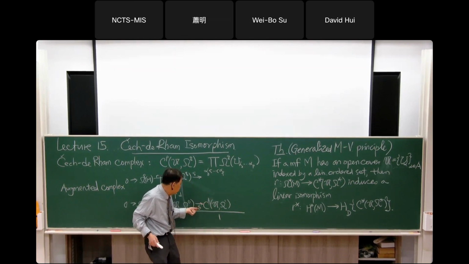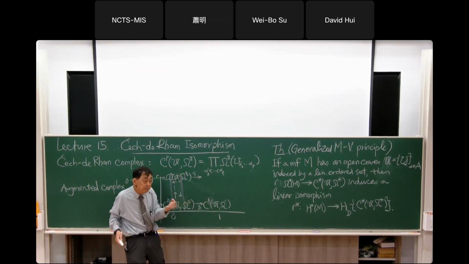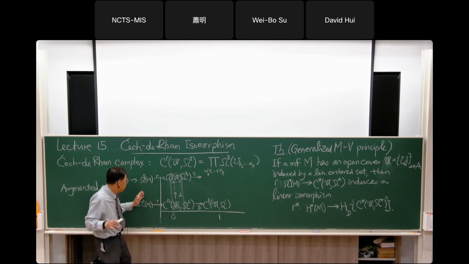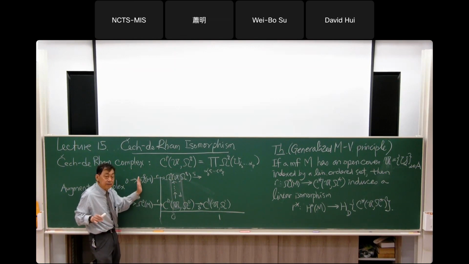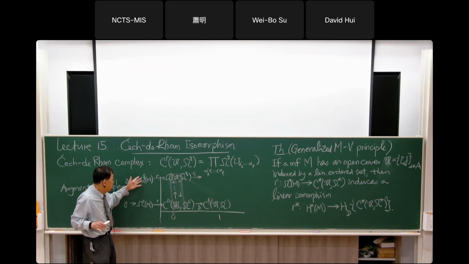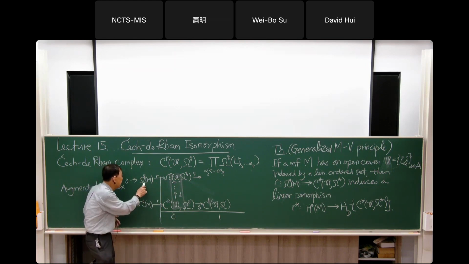So the kernel of the difference map means that these q-forms on open sets agree on intersections. Therefore, they give you global forms on M. So this augmented column consists of just global forms on M.